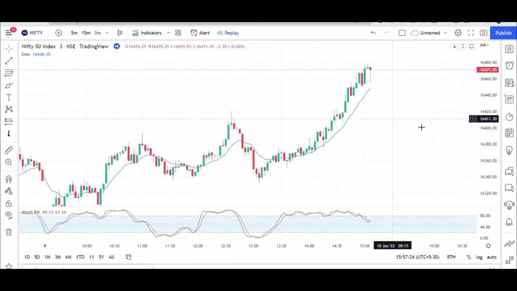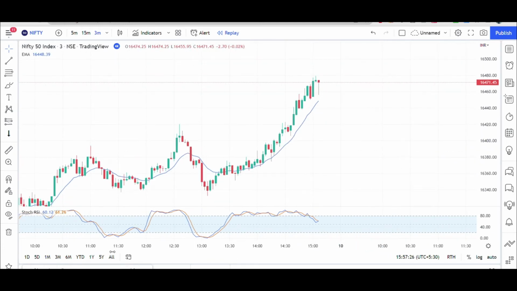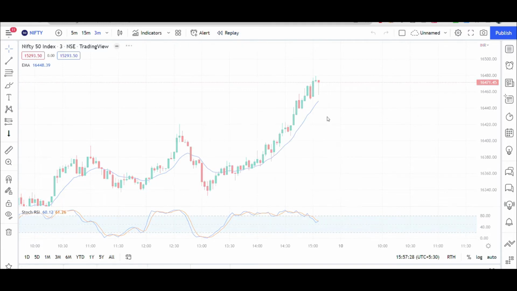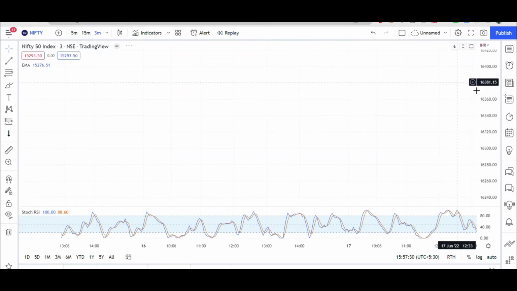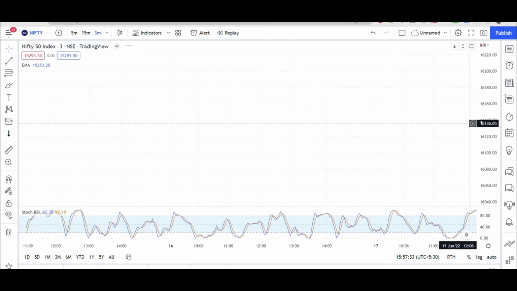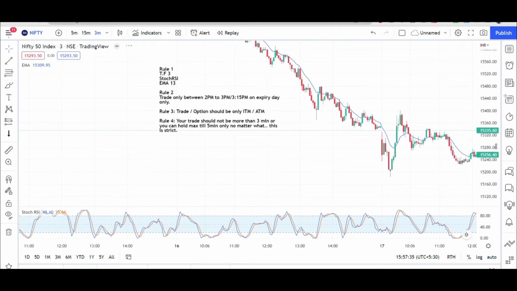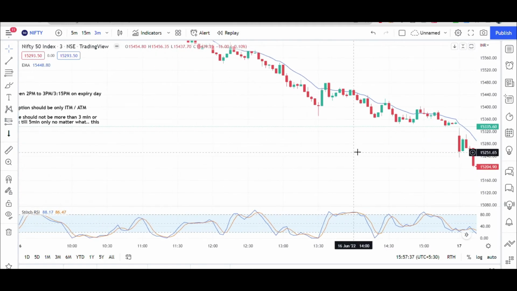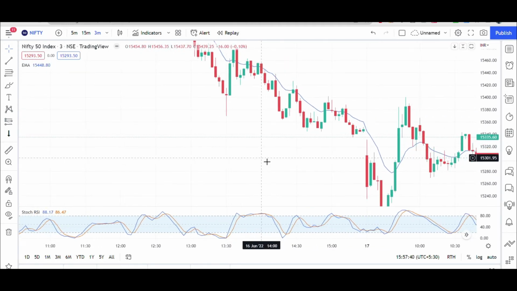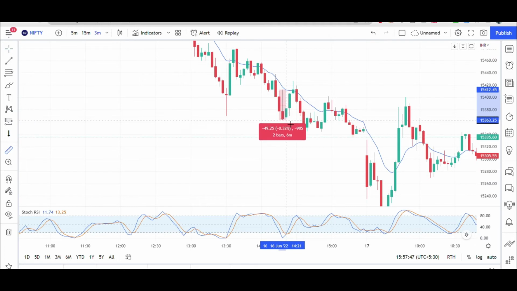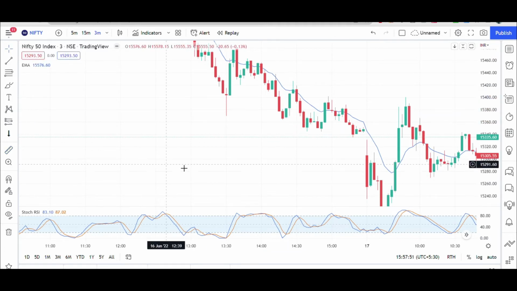Like if you see on this move that I recently explained here, this was the 16th. You could have easily got this entry, and 50 points in spot, so at least you can get 20 points in your in the money put option.